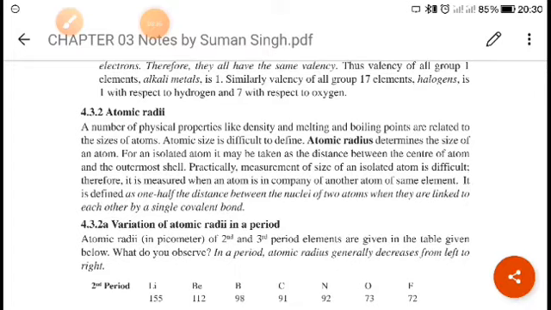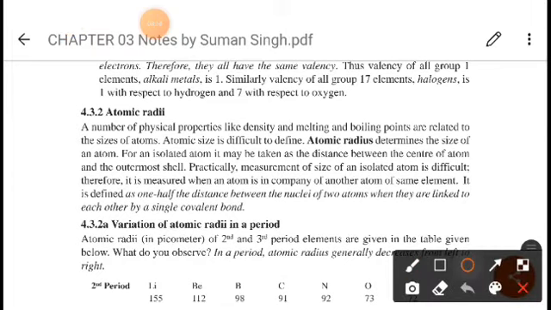Suppose this is an atom, this is the nucleus, so what will be the distance? It will be this. This will be the distance.